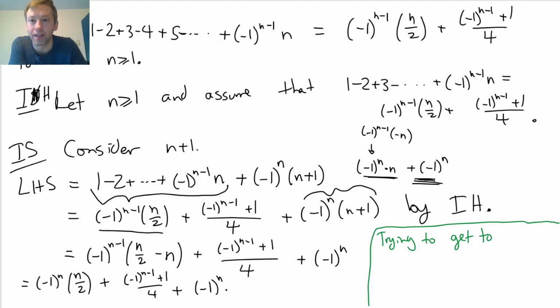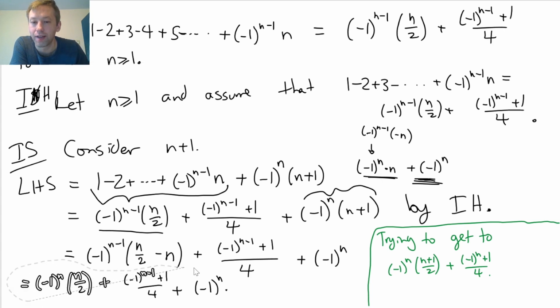So we're trying to get to negative 1 to the n plus 1 over 2 plus negative 1 to the n plus 1 over 4. We've made some progress in that direction, but it doesn't quite look right. Let's try to fix it. So I'm going to keep going with this calculation.